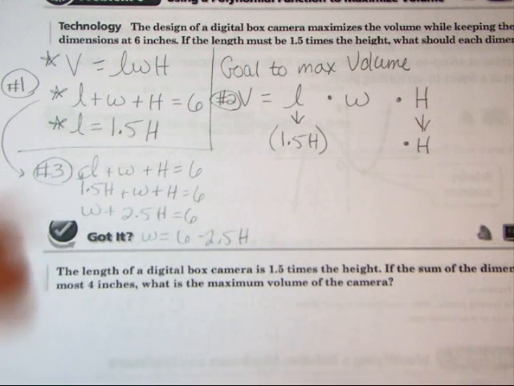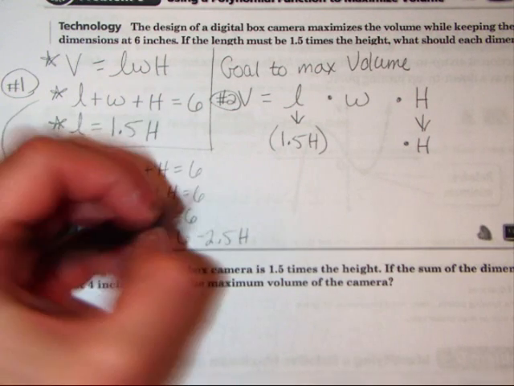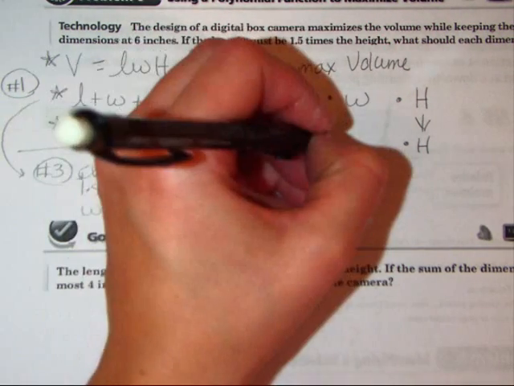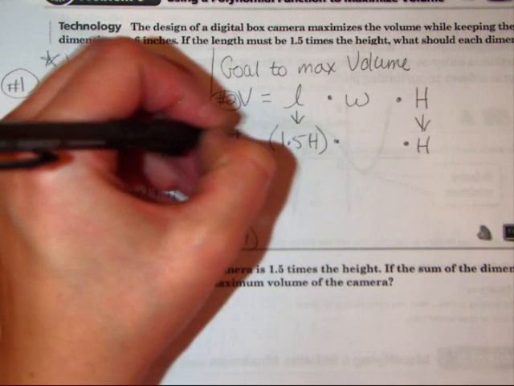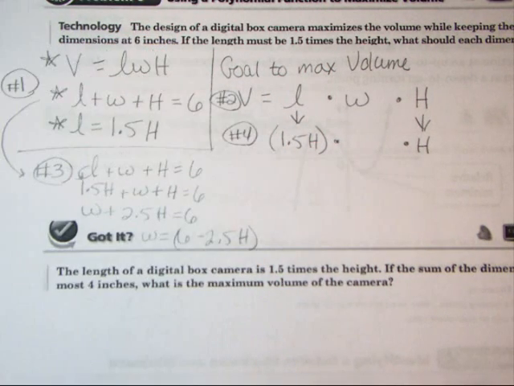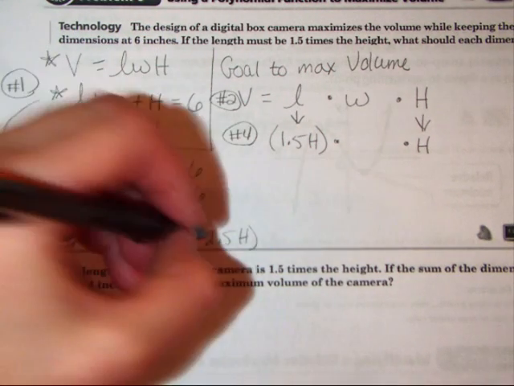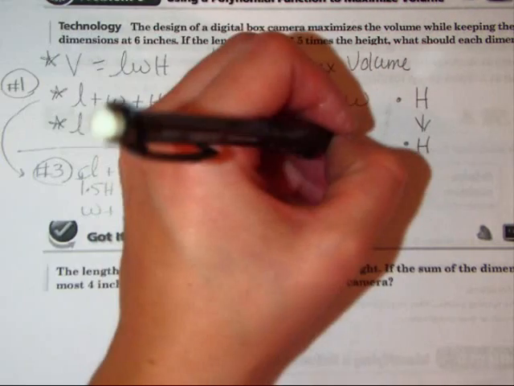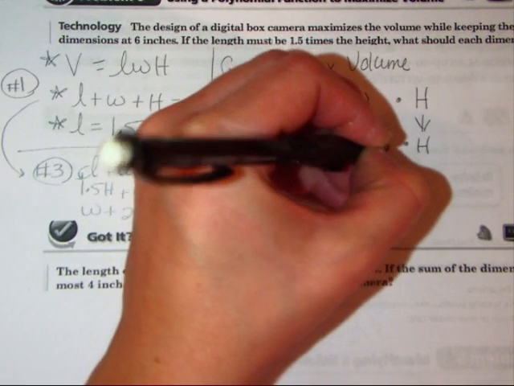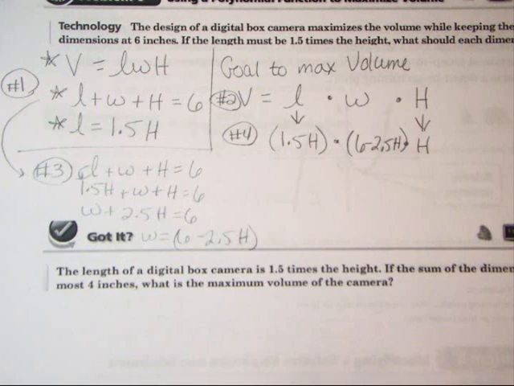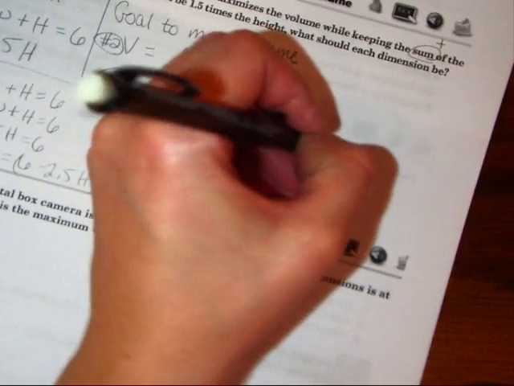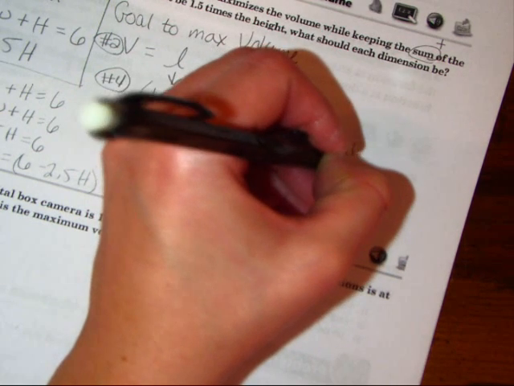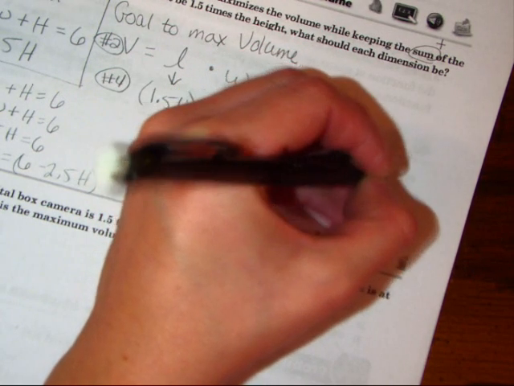Okay, so what we're doing is we're writing everything in terms of h. So here's my step number 4. Step number 4 is taking this and putting it in for w. Now that we have all of our items, our length, our width, and our height, now in terms of h, let's write that down, all using h.